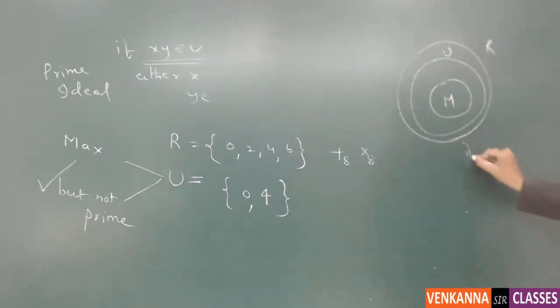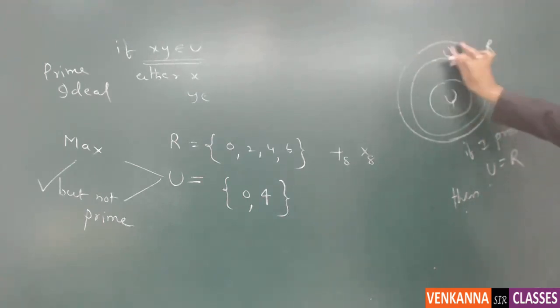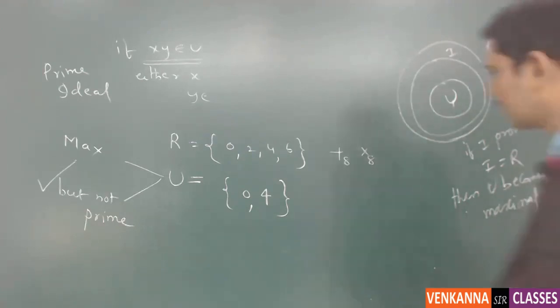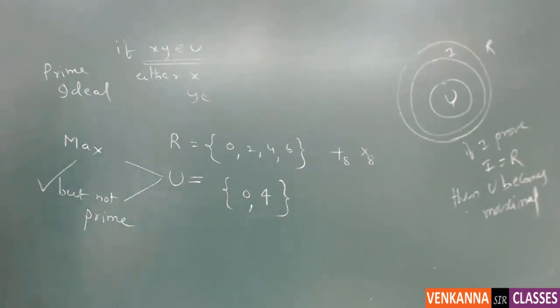So if I prove I is equal to R, then U becomes maximal. Accepted? The definition.